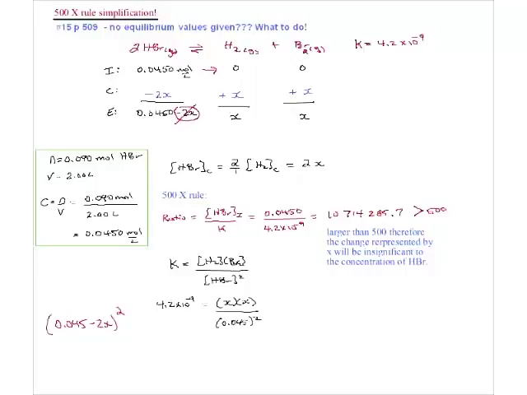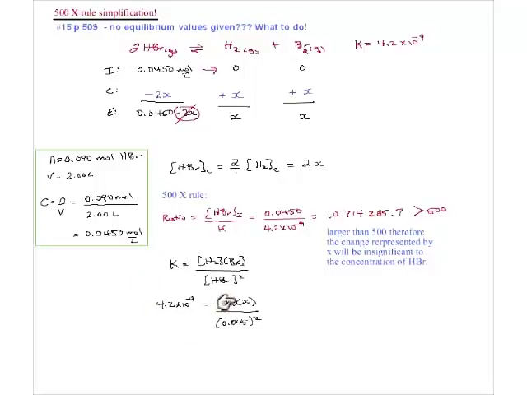That would have been 4x squared minus 4x times 0.09 something. It would have been quite ugly because we would have had to use the quadratic formula to solve it. But by getting rid of this right here, we've simplified it so we don't have to do the quadratic equation.